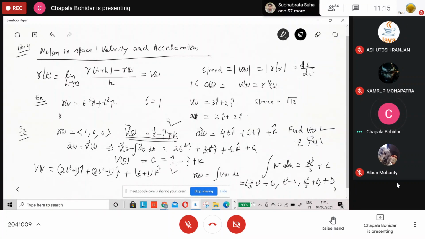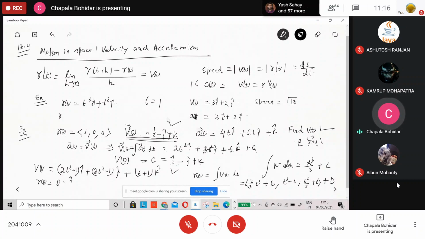So the initial position vector, R of 0, is given. So what is R of 0? The value of D is equal to R of 0, and the value of D is equal to only i cap.